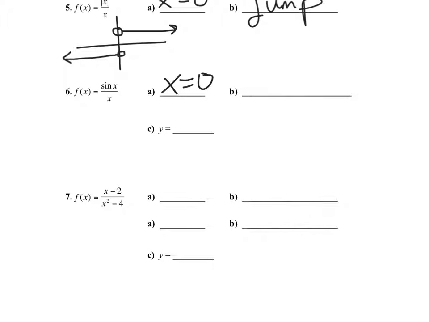You hit trace, and you plug in x is 0. There's nothing there. So what kind is that? Removable. Now, what would y equal there to make it continuous? 1. You can zoom in on it if you want to. You can also do that trick where you plug in 0.00001, but it's pretty obvious. It's 1.